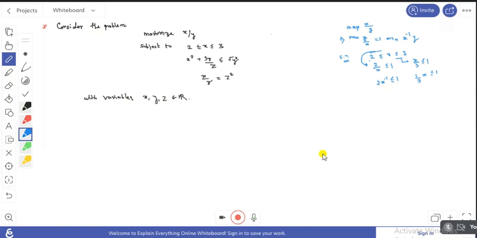Okay, and the next one is x square plus 3y by z less or equal to root of y.